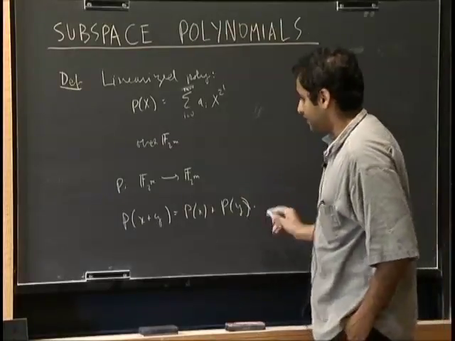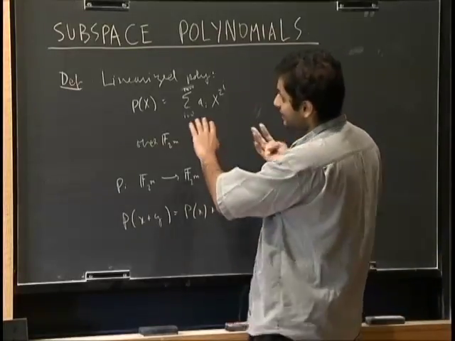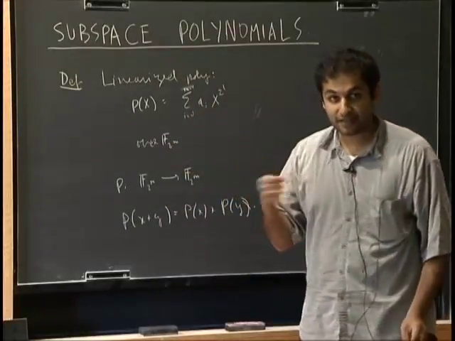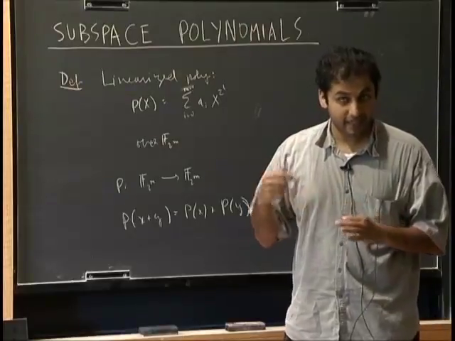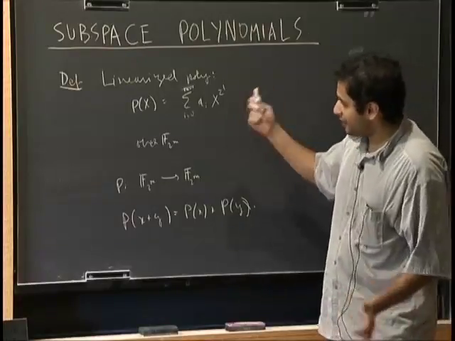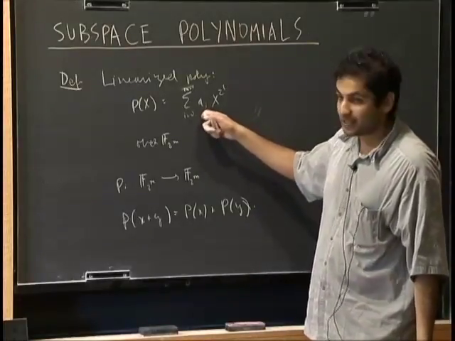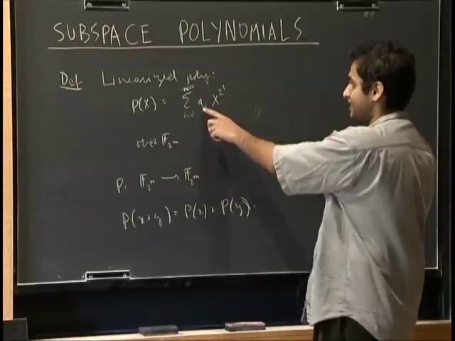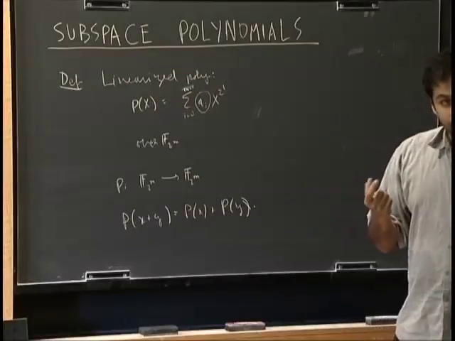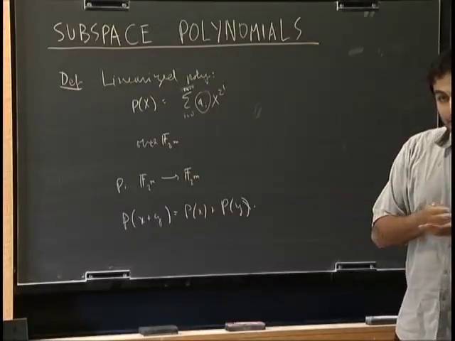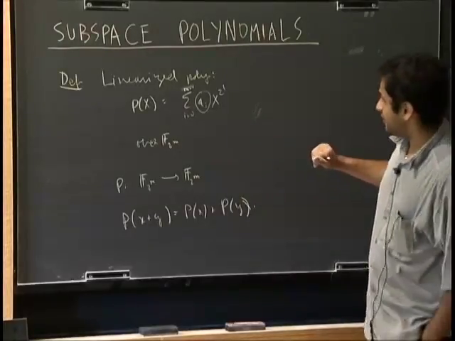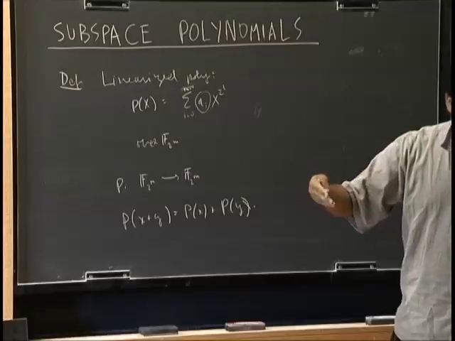I also want to say that every linear function from F2 to the m to F2 to the m can be written in the form P of x for some linearized polynomial P. Why is that? It's going to be by counting. The total number of free bits available in linearized polynomials: each a_i comes from F2 to the m, and there are m of them. So that's 2 to the m squared different linearized polynomials, and the total number of linear maps from F2 to the m to F2 to the m is also 2 to the m squared.